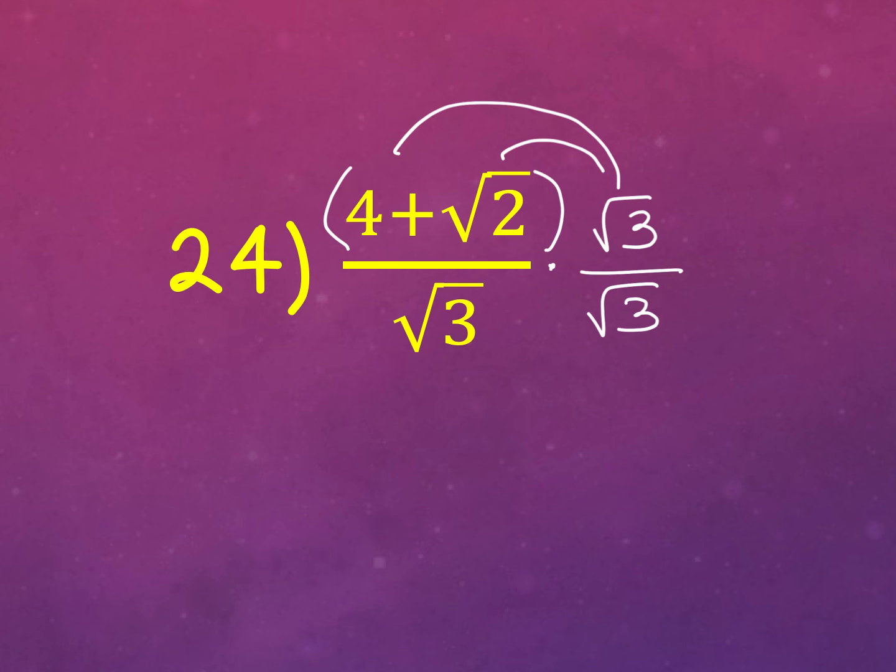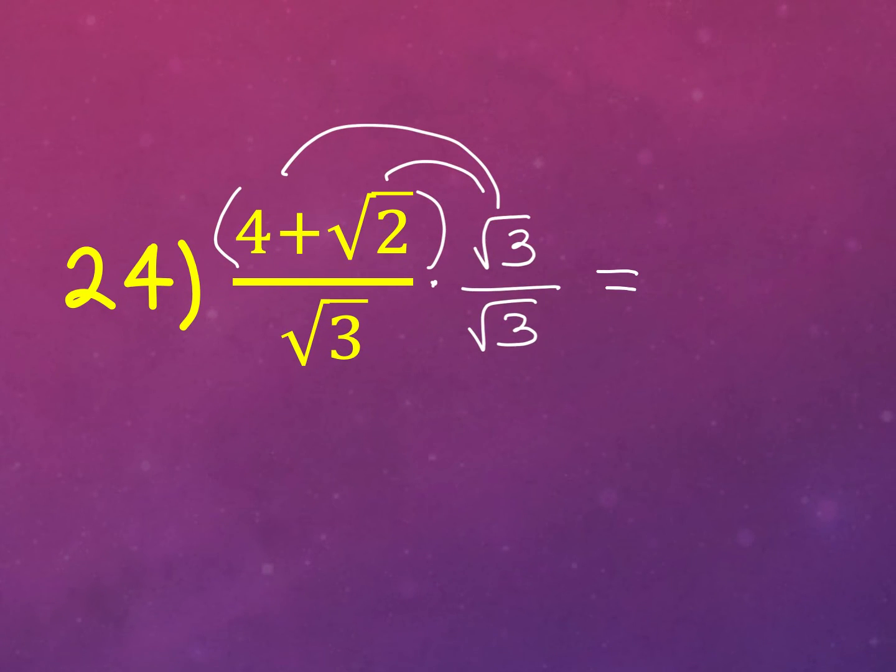The denominator just makes the 3 come out. So then when I distribute the square root of 3 to the 4, 4 is outside, so I just write them side by side. But the second part, the 2 is under the radical and the 3, so it becomes square root 6. Nothing here can be simplified, so I'm done.